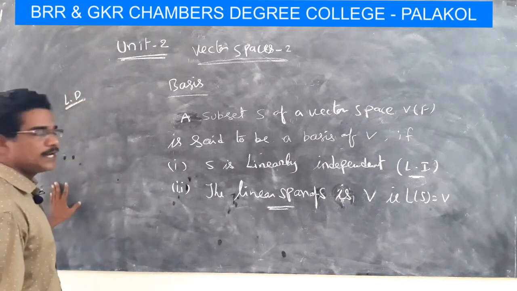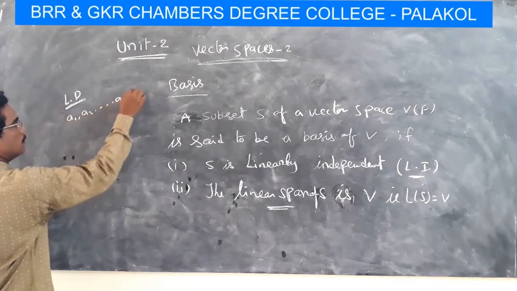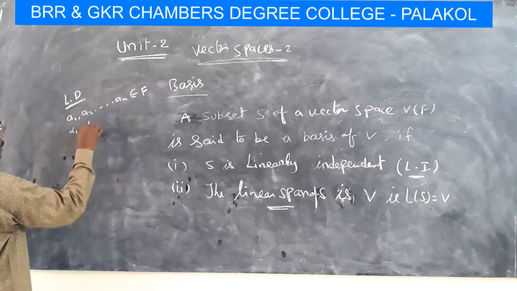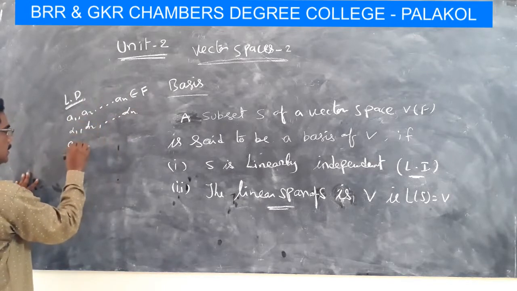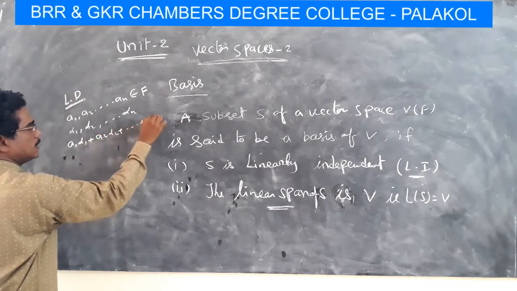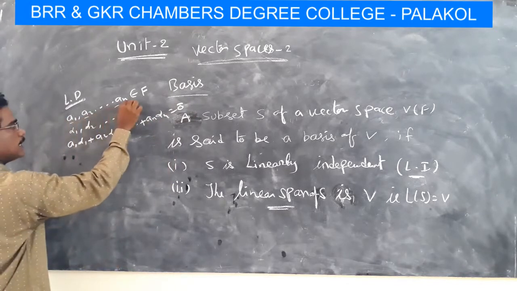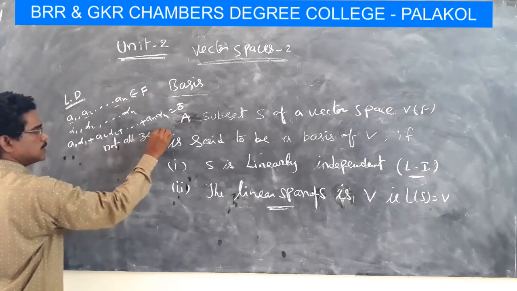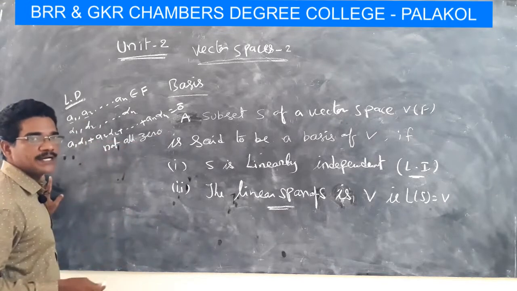Definition of linearly dependent: suppose a1, a2, so on an belong to F, and the subset alpha 1, alpha 2, so on alpha n, then the linear combination a1 alpha 1 plus a2 alpha 2 plus so on plus an alpha n equal to 0 bar. Here a1, a2, so on an not all 0, then S is a linearly dependent set.